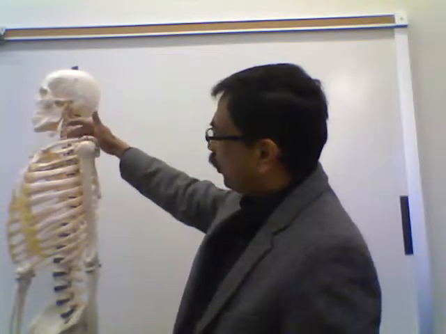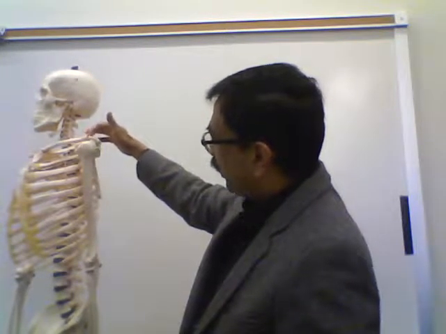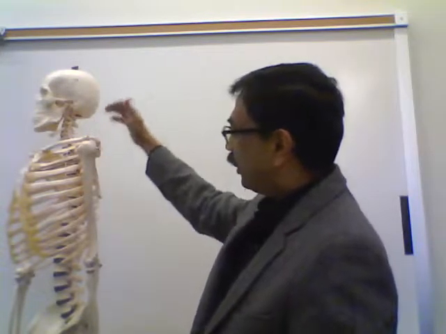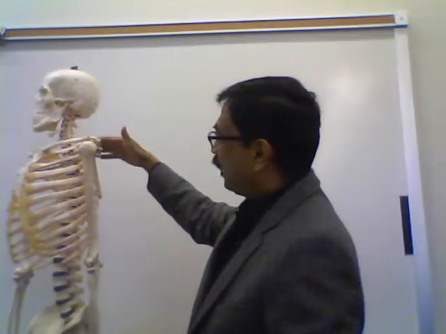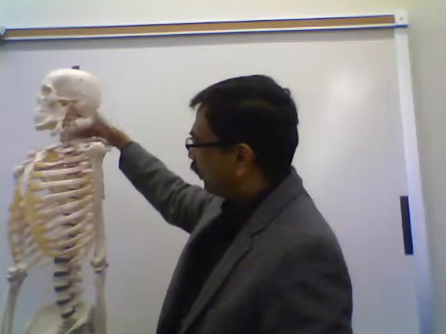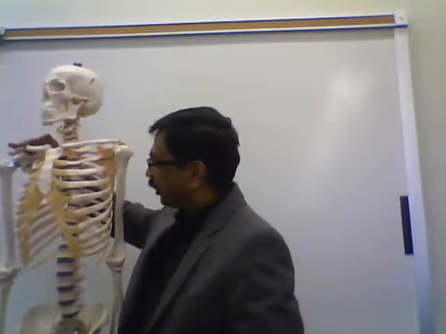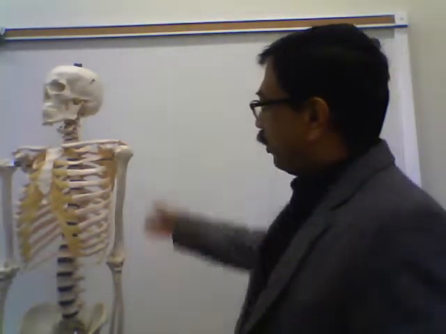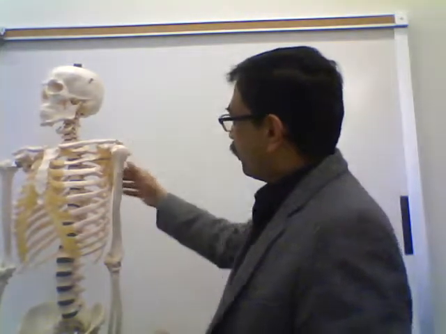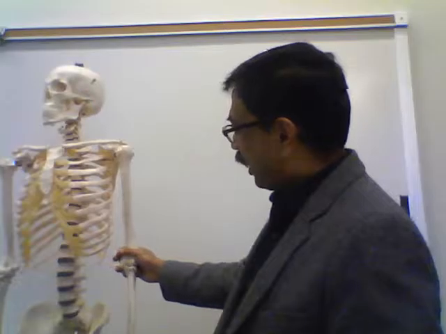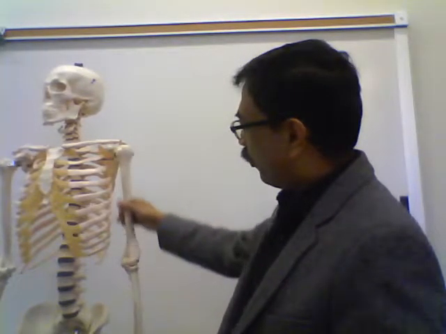So these two bones join here at the acromioclavicular joint and form the pectoral girdle. So this is one pectoral girdle, this is another pectoral girdle. The pectoral girdle secures the upper limb bones.